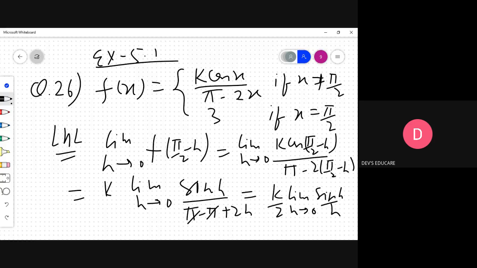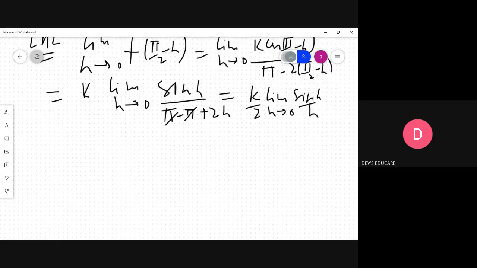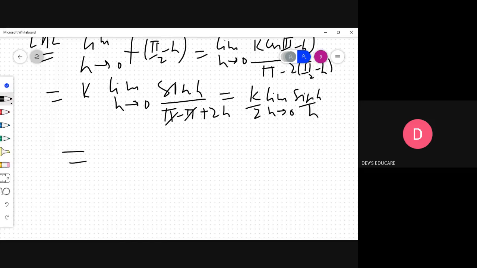and sin h upon h, limit h tends to 0, the value is what? 1. Yes. So this becomes k by 2 into 1, right? Yes, sir. And since the function is continuous, this value is for LHL as well as RHL. RHL is also k by 2.